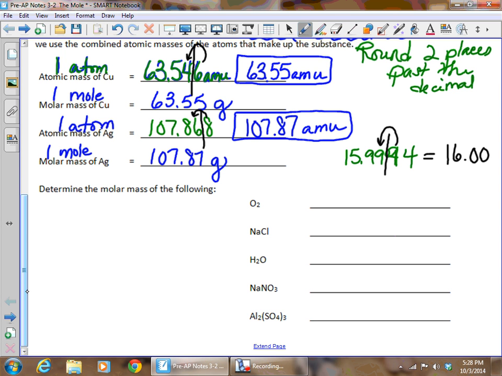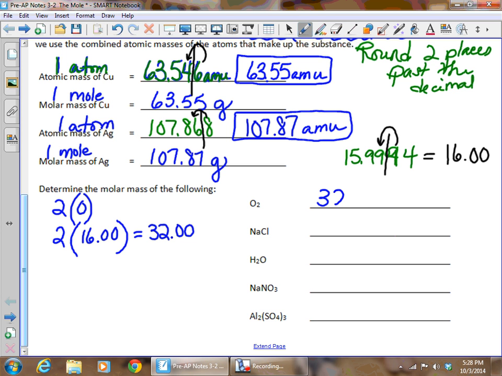In order to get the molar mass of oxygen, think about what we did in the last set of notes. We said that what makes up that particular substance is 2 oxygens. Each oxygen weighs 16.00 grams per mole, which is going to work out to be 32.00, 2 places past the decimal for that value.